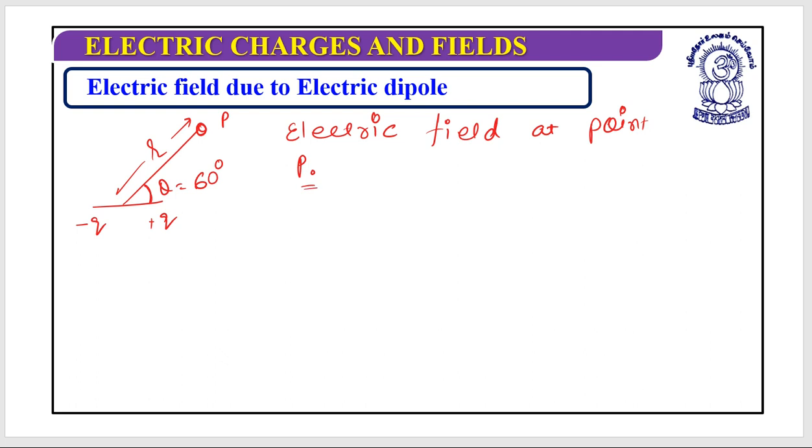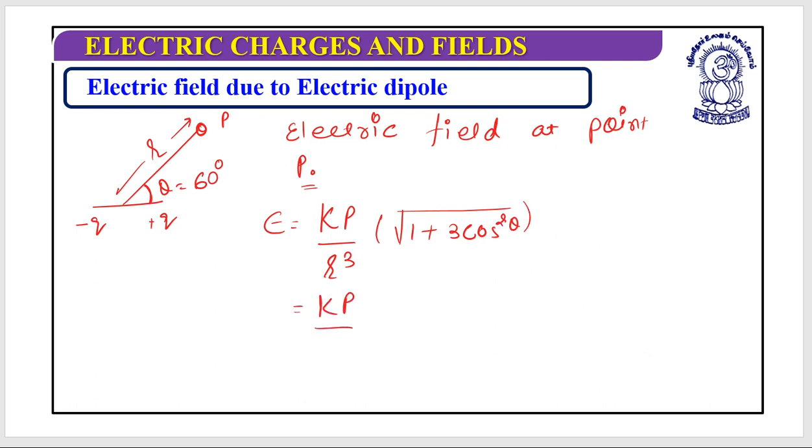So what I can write is E is equal to Kp by R cube under root of 1 plus 3 cos square theta. So that should be Kp by R cube under root of 1 plus 3 into cos 60. Cos 60 is half. Its square would be 1 by 4.